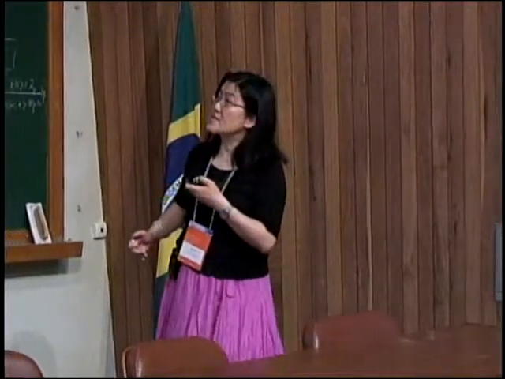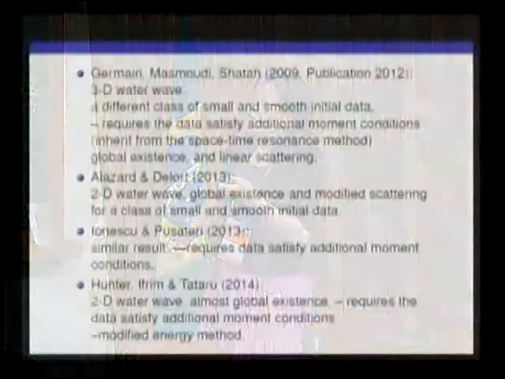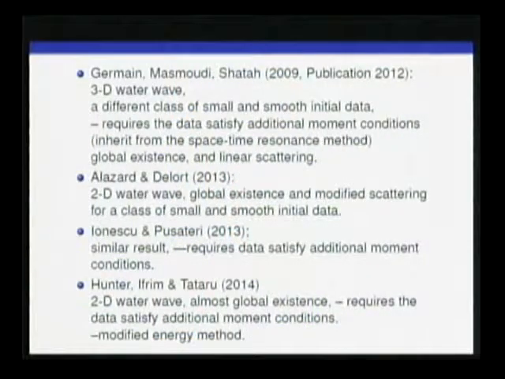I will not specify, just say that Ionescu and Pusateri require the data to satisfy an additional moment condition. That means they have to put a small restriction on the amount of small frequency wave there. But Ifrim and Tataru is better in terms of data in that sense. Their data assumes the initial energy and height are small, with no extra moment condition.